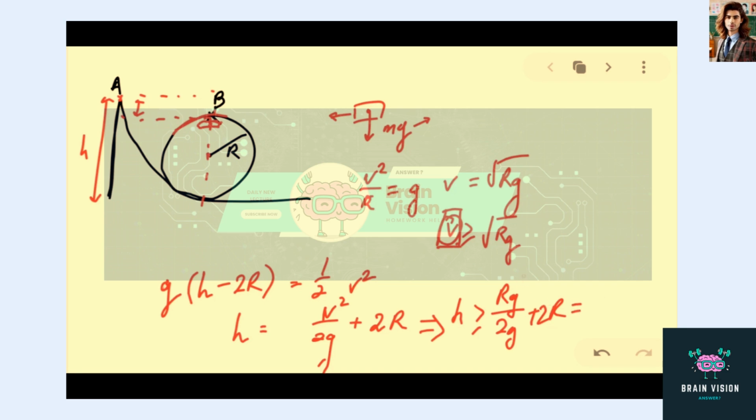And this leaves us with half r plus 2r, which is 5 over 2 r. So h must be greater than or equal to 5 over 2 r.